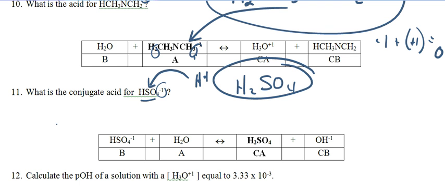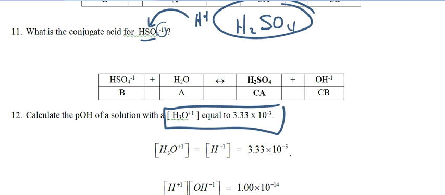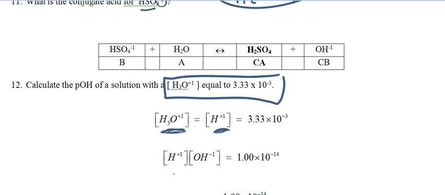Alright, number 12, calculate the pOH of a solution that has a hydrogen concentration equal to 3.33 times 10 to the -3. Very, very similar to what we did earlier. Since we know our hydrogen concentration, we can do it one of 3 ways if you want to. Making sure that you know that this is the same thing as this is really important. I don't want a lot of people freaking out going, oh, where's the 3? Okay. They're the same thing. Also realize that we have our hydrogen times hydroxide is equal to our constant.